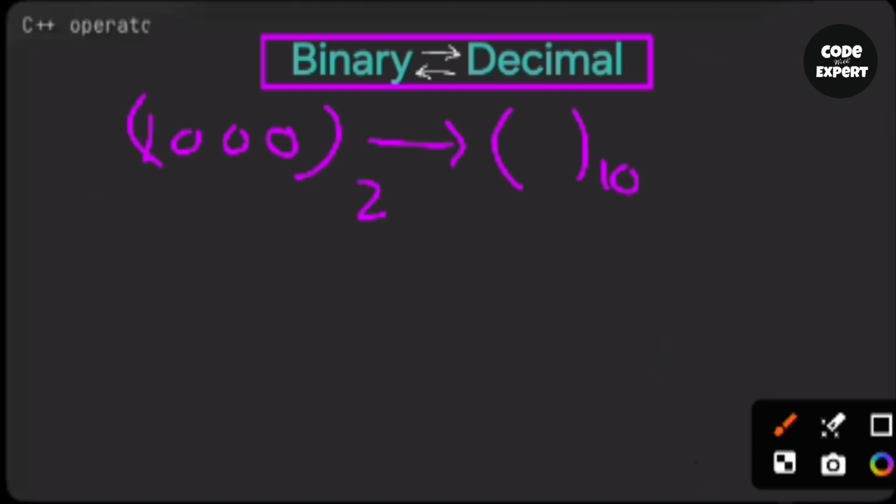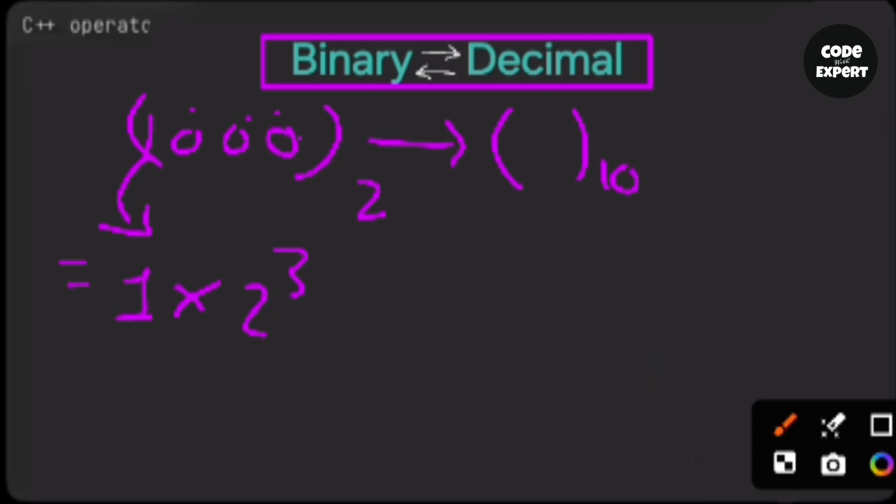This means here to convert this, I have to take our first number, which is 1, then multiply it with 2 raised to the power 3, because there are three terms after the number we have taken.